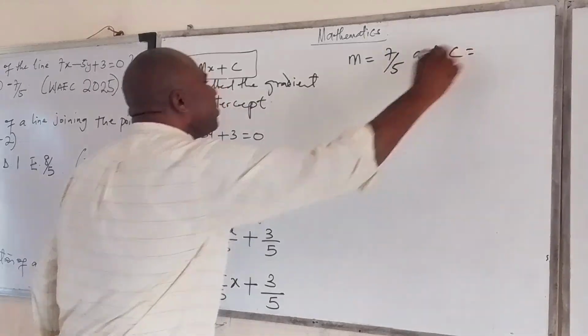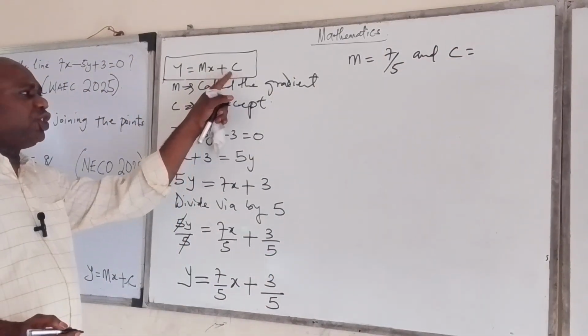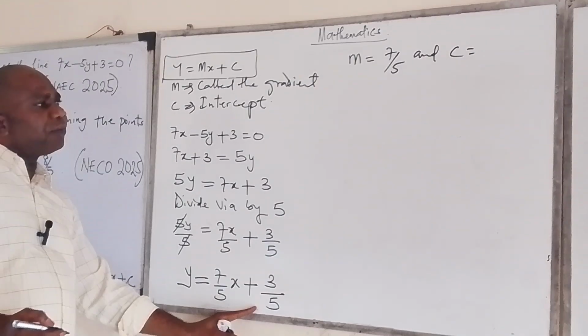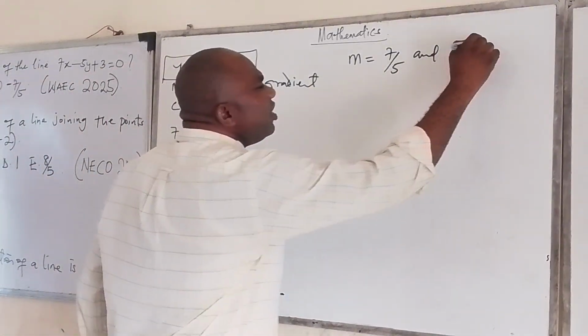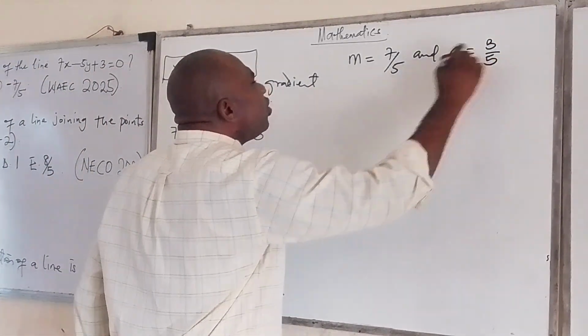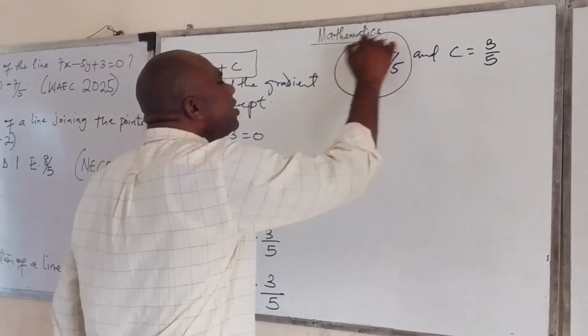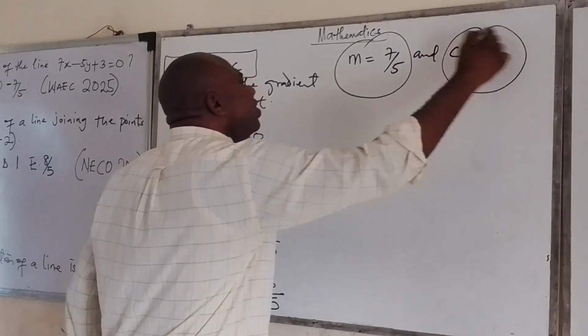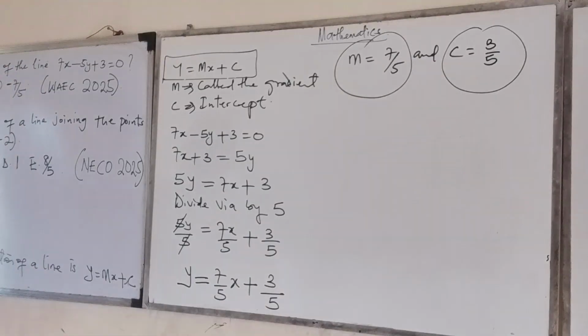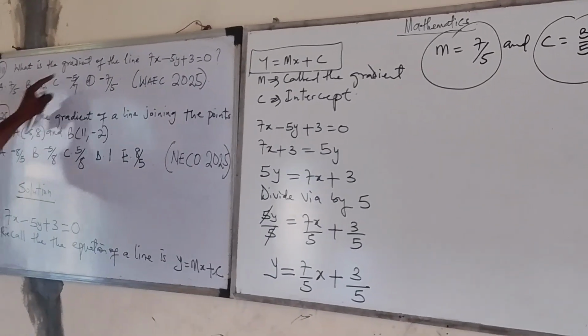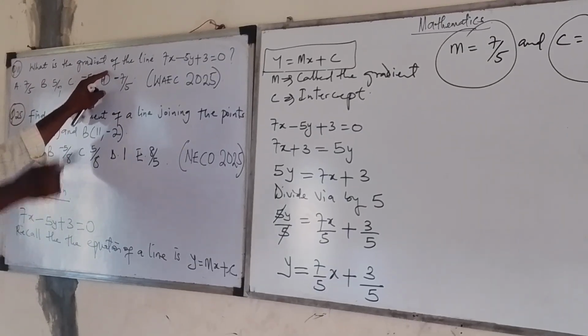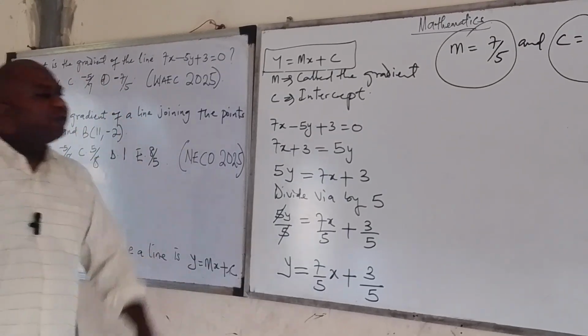And the intercept c, the position of the c here, that's where you have 3 all over 5. So our c is equal to 3 all over 5. That's the intercept. But in this particular question, we're asked to find the gradient, that is m. And the value of m is 7 over 5.